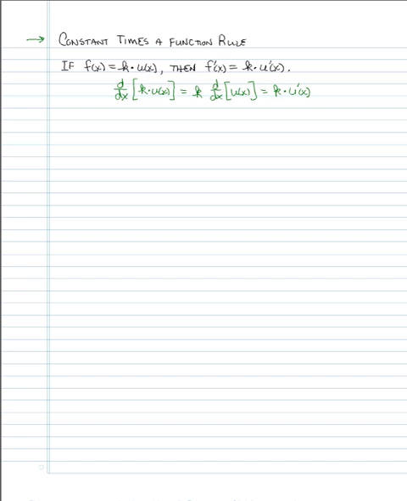Right now it probably seems like, where in the world would we ever see something like this, because things don't look this way. So here's our first example, and we'll go through several as we have before. Our first example is that we're given a function f of x, let's say 3 times x to the 5th power. Now the challenge is to find the derivative, f prime of x.